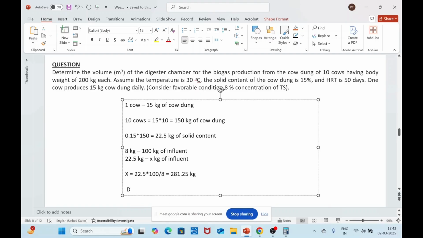So then the digester working volume will be 281.25 times 50.